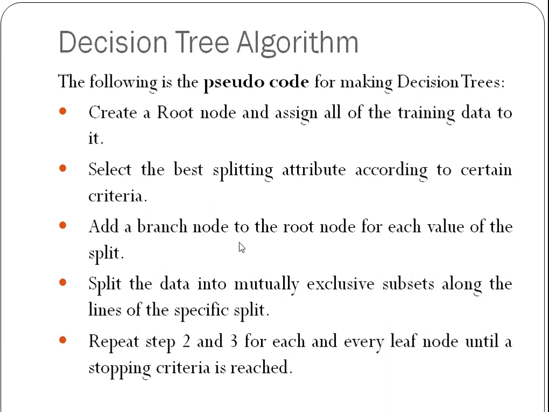We don't want a very large tree, and at the same time we don't want a very small tree. A large tree is a sign of overfitting, and a small tree is a sign of underfitting. So we don't want either of them. There are some stopping criteria, and when we reach them, we stop. This is how we build the decision tree.